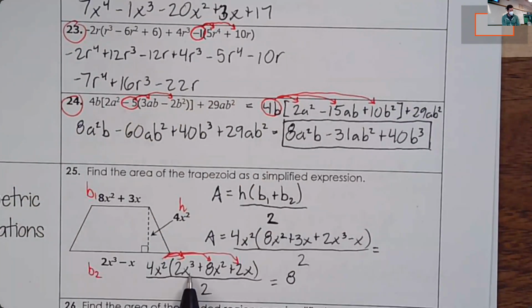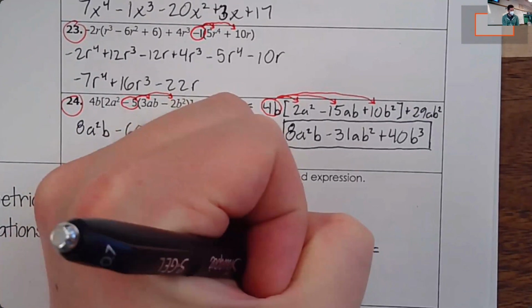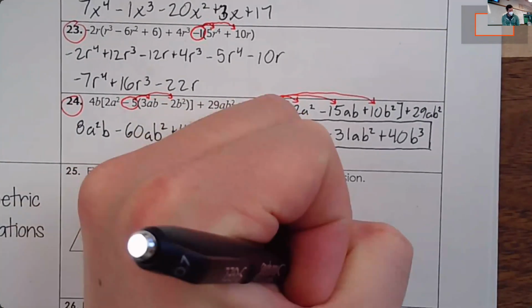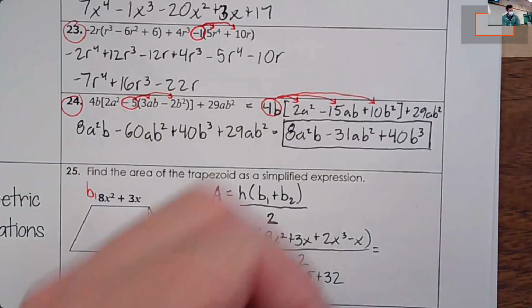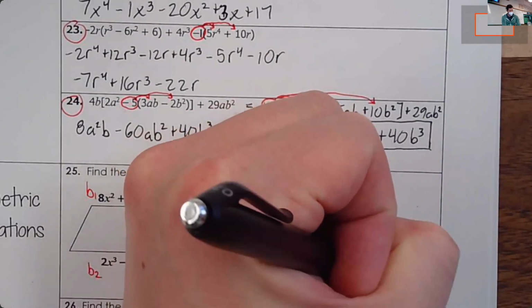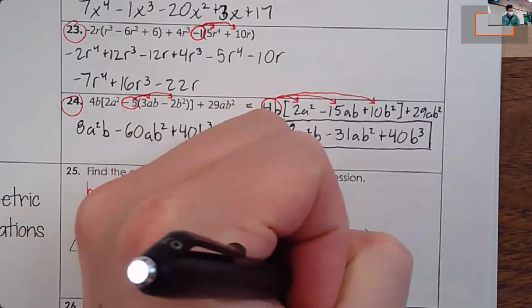X squared times x to the third, add the exponents, that's x to the fifth. 4 times 8 is 32. X squared and x squared would be x to the fourth. And then 4 times 2 is 8, and then x squared times x would be x to the third. So 8x to the fifth plus 32x to the fourth plus 8x to the third, all over 2.